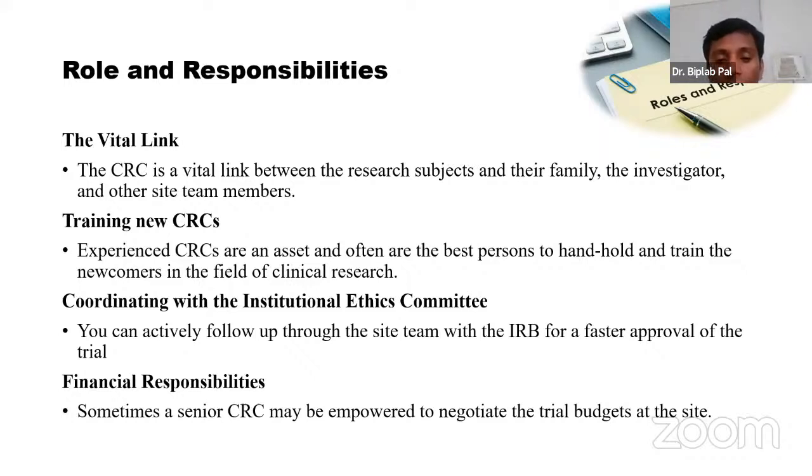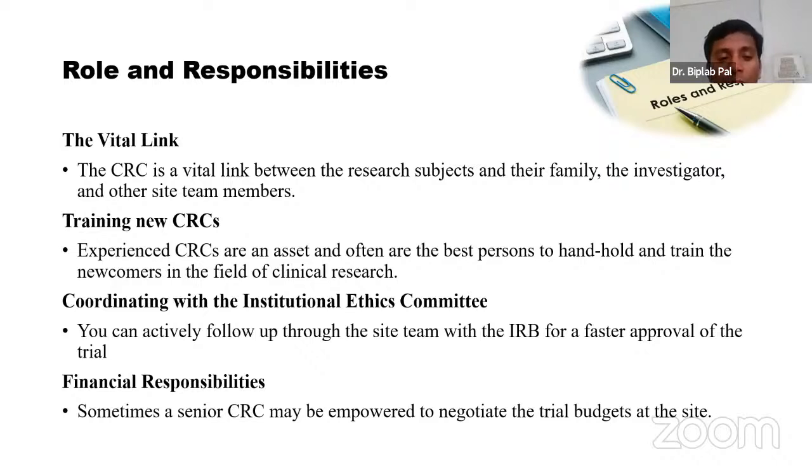Okay. One single clinical trial is done in different hospitals of a country. If I talk about India, maybe the same trial is going on at AIIMS Bhubaneswar, AIIMS Delhi, then it is being conducted at CMC Vellore, CMC Ludhiana, and many other hospitals. Maybe 10 hospitals, 20 hospitals.